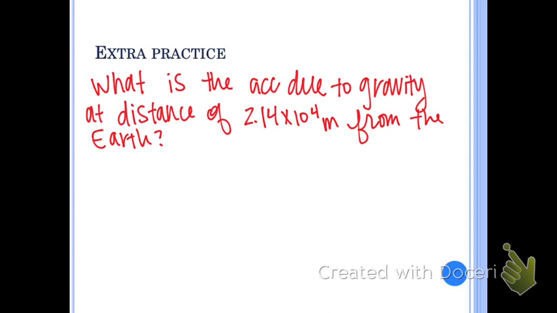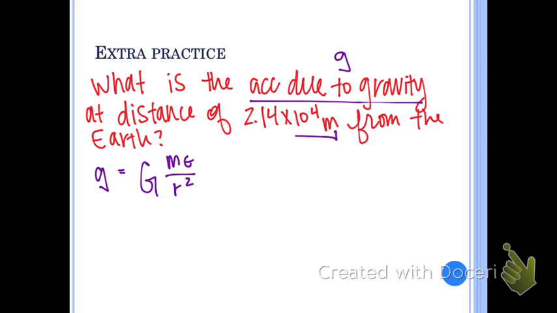Okay. So again, we're going to go little g equation because that's what I'm solving for. Acceleration due to gravity is little g. Big G, mass of the Earth over r squared.